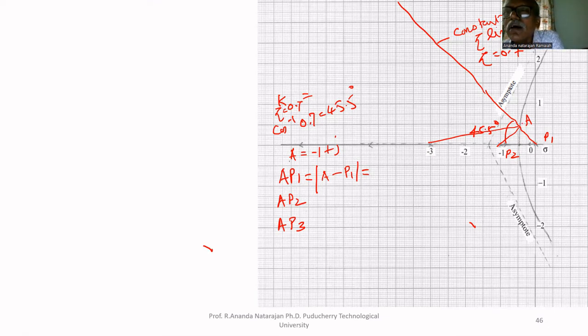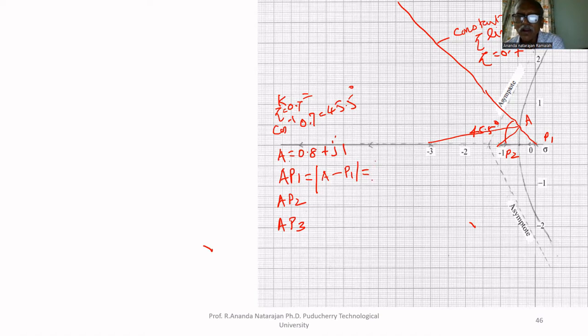From the graph, A equal to minus 0.8 plus j1. So what is AP1 length?